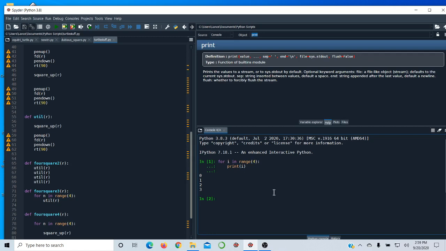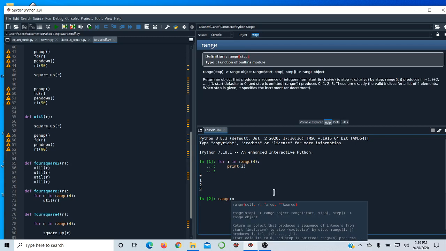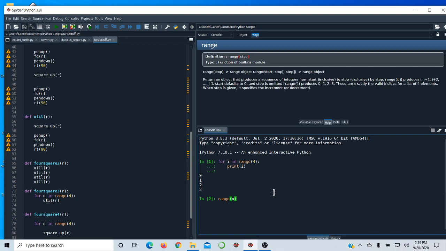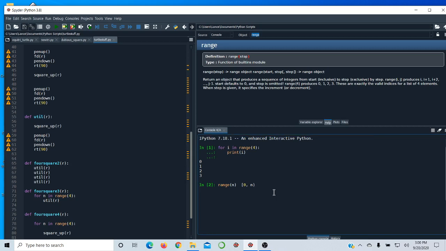Namely, if you do range n, that gives you the integers in the interval starting with 0 and ending at n, well, not quite, it ends at n minus 1. So it's open on the right. There's a reason why they do it that way, but it is something you have to keep track of.